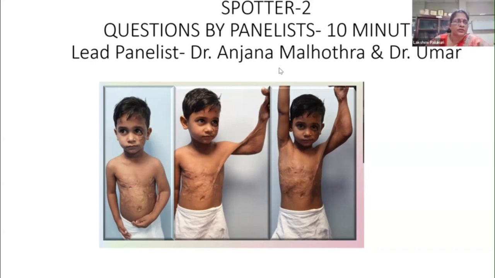Team one. See the pictures, right to left. It might be an extrinsic contracture over the axilla, which is extending from the elbow till the chest and the abdomen, sir.